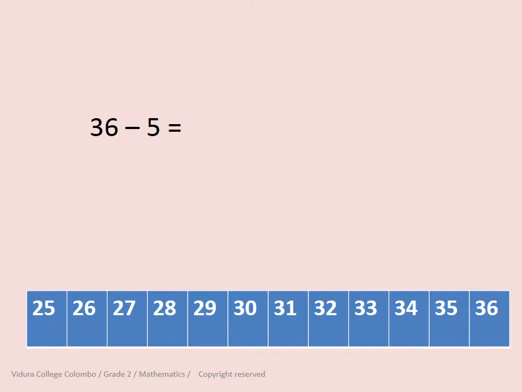So let's jump 5 times backward from 36. 1, 2, 3, 4, 5. And we stop at 31. So the answer is 36 minus 5 is 31.